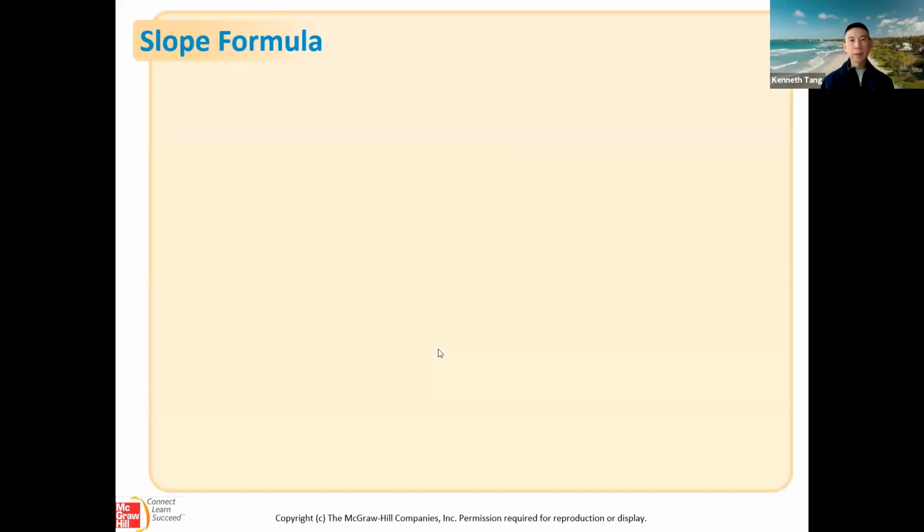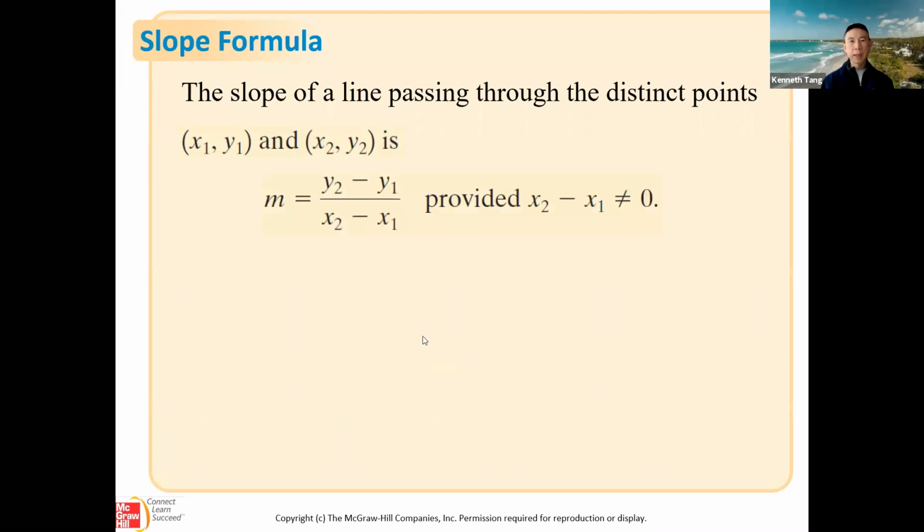When we talk about the slope formula, we have the standard slope formula: m equals y2 minus y1 over x2 minus x1. When you're given two points, you can determine the slope of the line using that formula, which was derived from the change in y over change in x that we learned on the last slides.